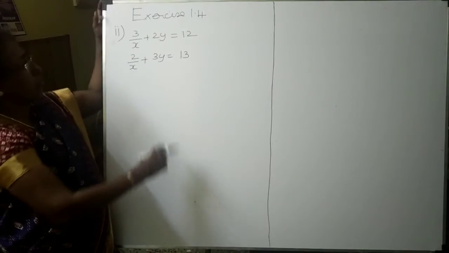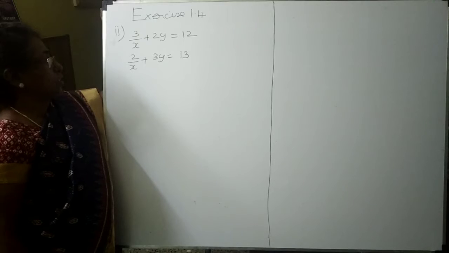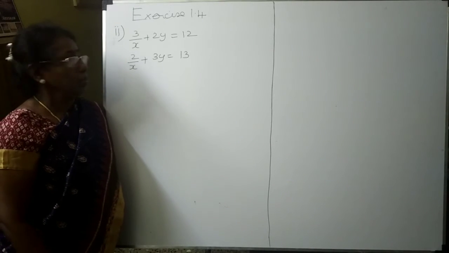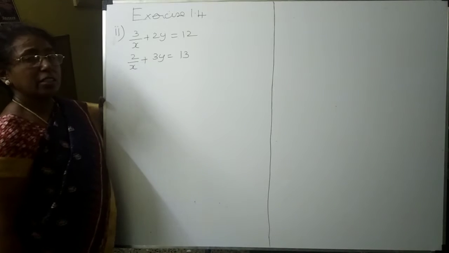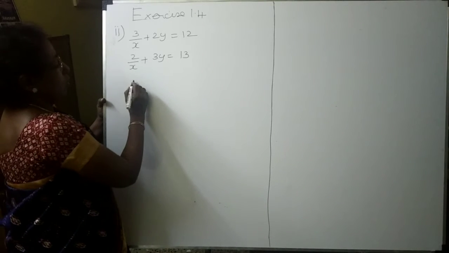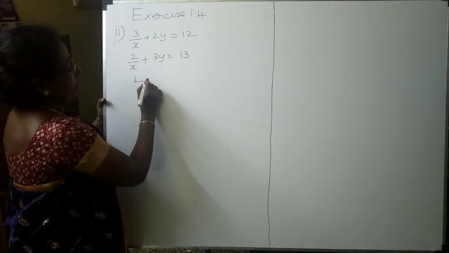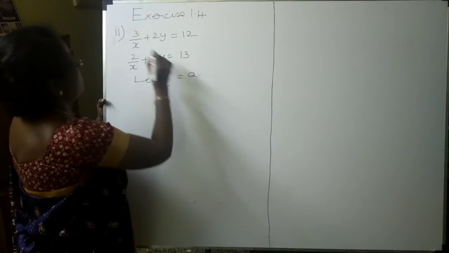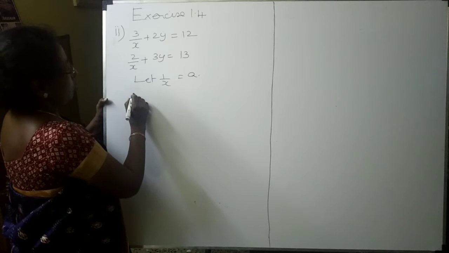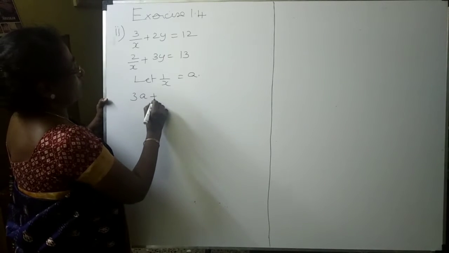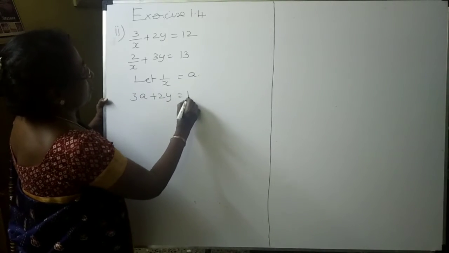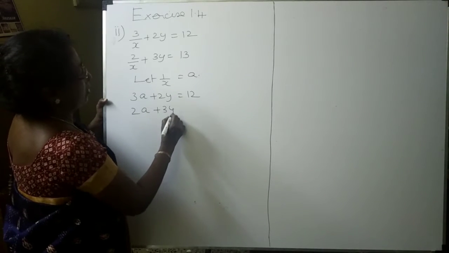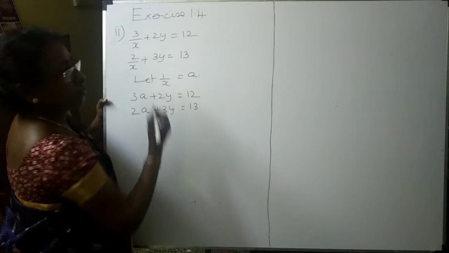In the second question, we have 3 by x plus 2y is equal to 12 and 2 by x plus 3y is equal to 13. So, here we have x in the denominator. So, let 1 by x be equal to some a. So, this equation will reduce to 3a plus 2y is equal to 12 and 2a plus 3y is equal to 13.